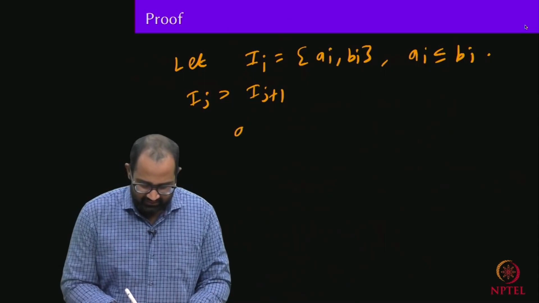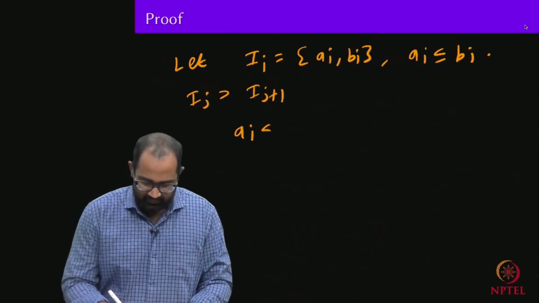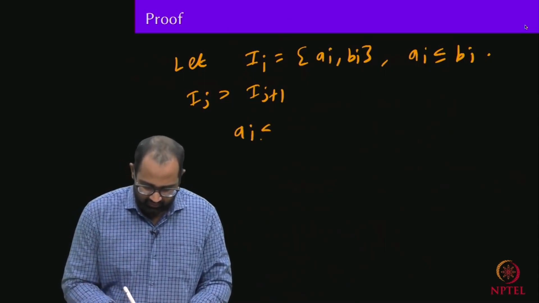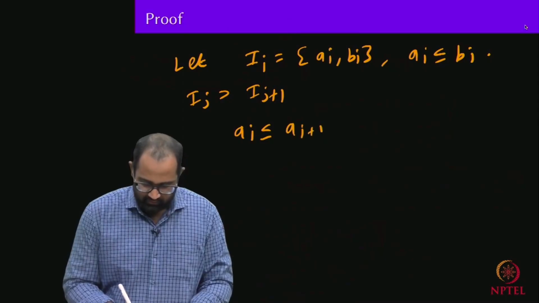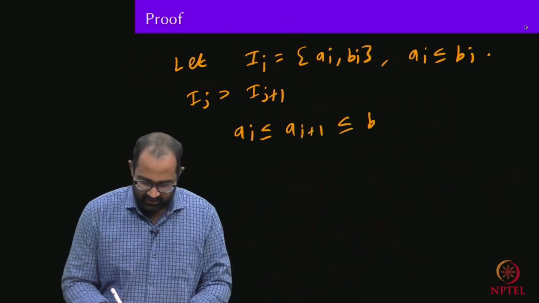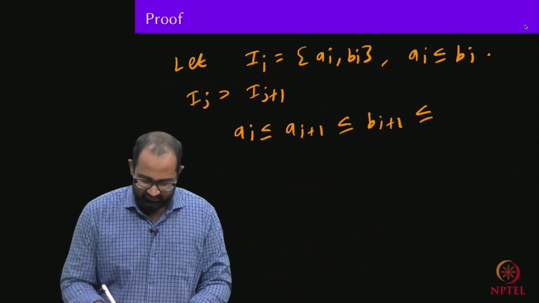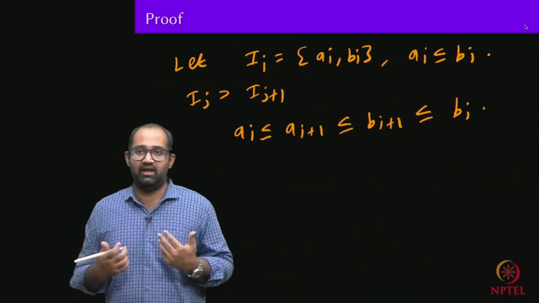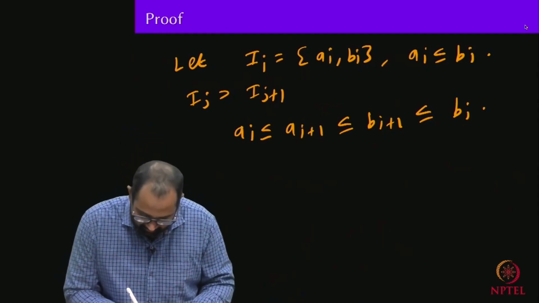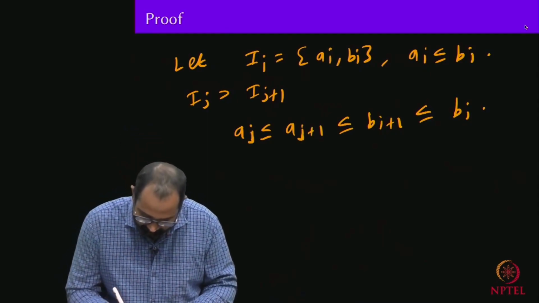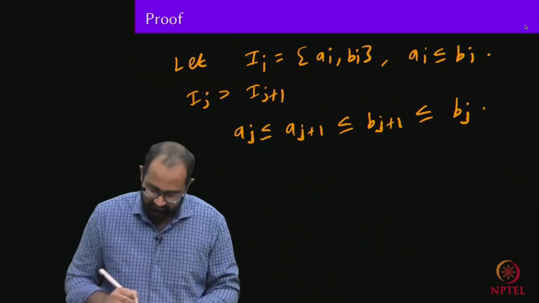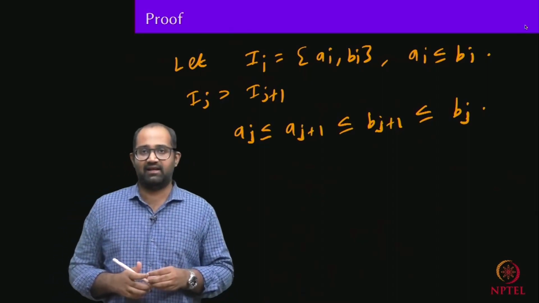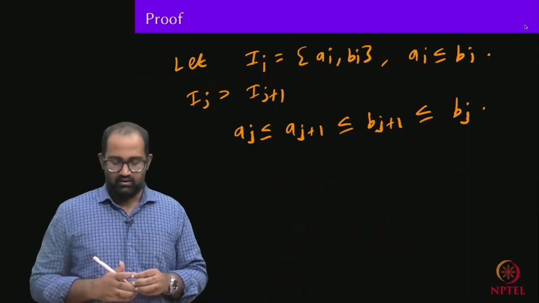Now, the property that I_j contains I_{j+1} immediately tells you the following. It tells you that a_j is less than or equal to a_{j+1}, which is less than or equal to b_{j+1}, which is less than or equal to b_j. This is the meaning of I_j containing I_{j+1}.